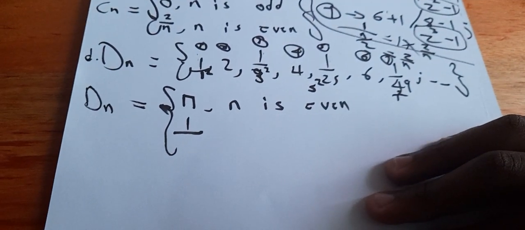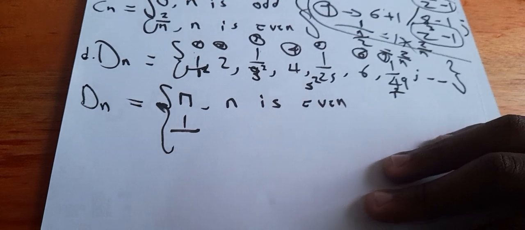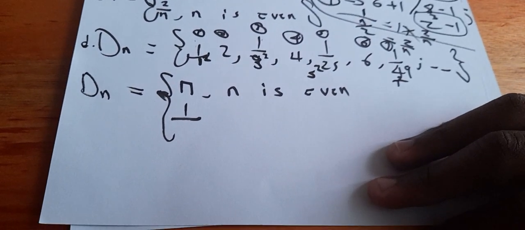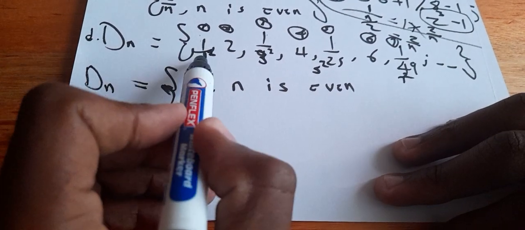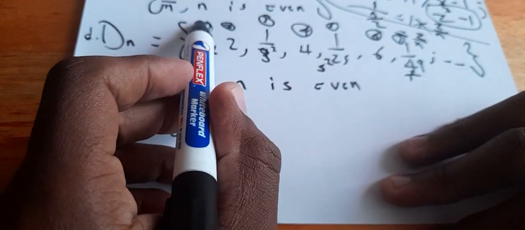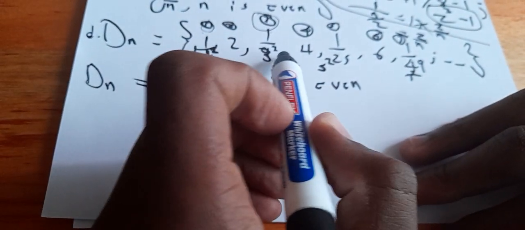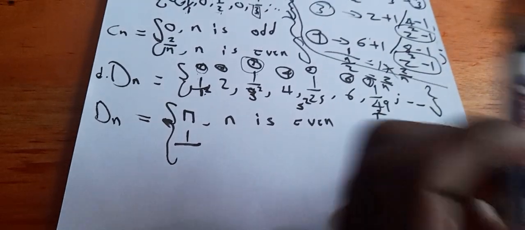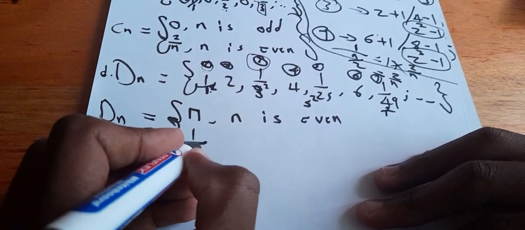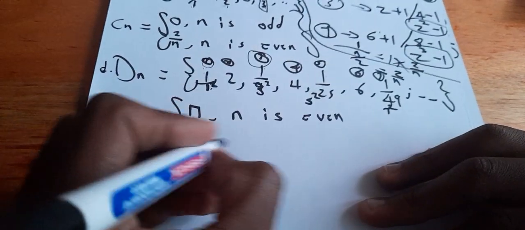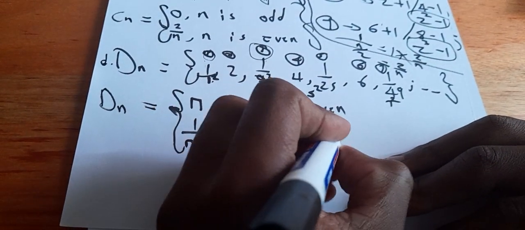Why is it that the exponent is constant but the base changes? When n is 1, the base is 1. When n is 3, the base is 3. When n is 5, the base is 5. So these correspond to n, which means I can easily say n, and the exponent remains the same, so it is n squared when n is odd.